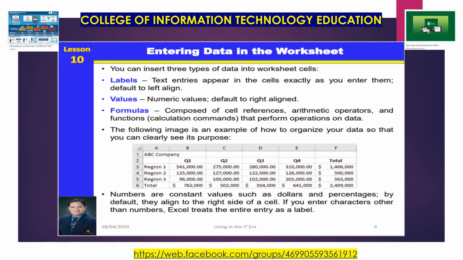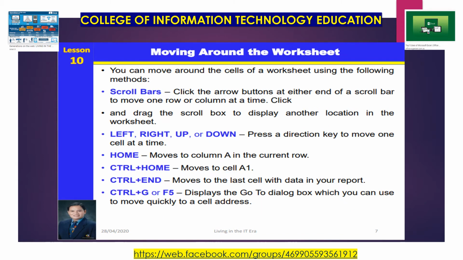If you enter characters other than numbers, Excel treats the entire entry as a label. Moving around the worksheet. You can move around the cells of a worksheet using the following methods: scroll bars, left, right, up, or down, Home, Control plus Home, Control plus End, Control plus G, or F5.